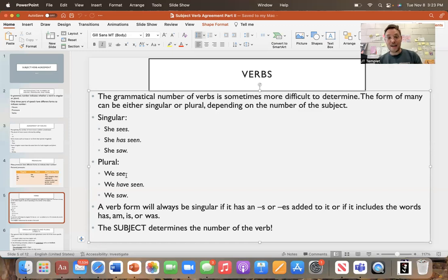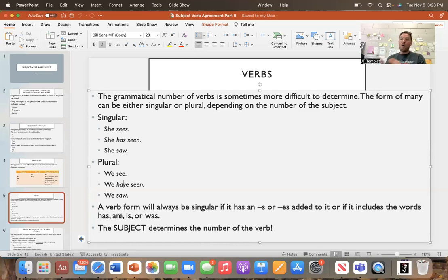Verbs lose an s when they are plural. Notice for this one, we have seen, has becomes have, right? Have is the plural form of has. Notice saw is the same. It doesn't change.